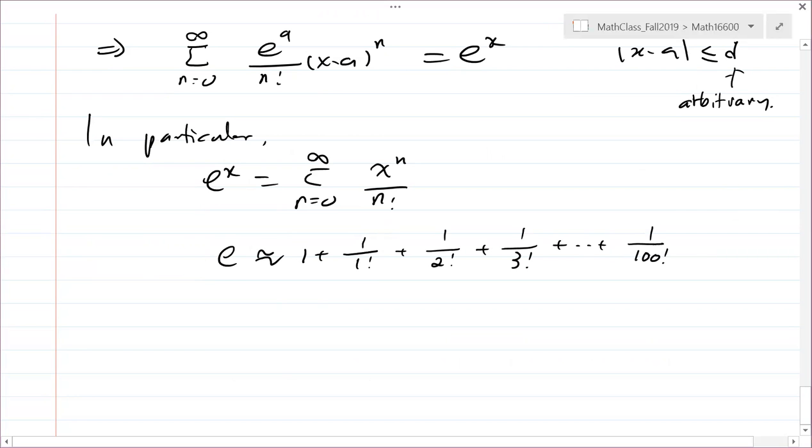All right, so this is good. We found that some elementary functions can be represented by power series. Actually, almost all elementary functions can be represented by power series. But there are more functions, which are not elementary functions, which are not functions we are familiar with, that can be expressed by power series.